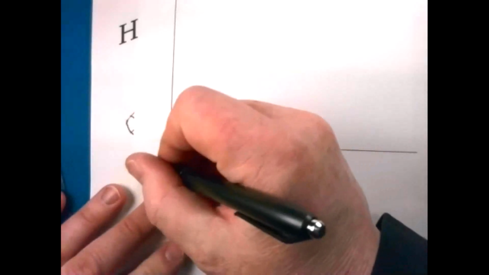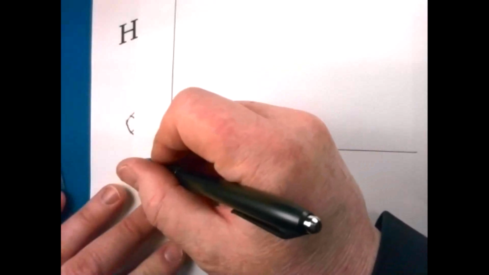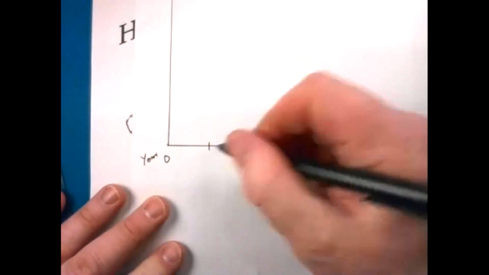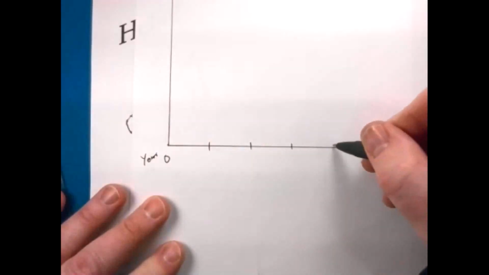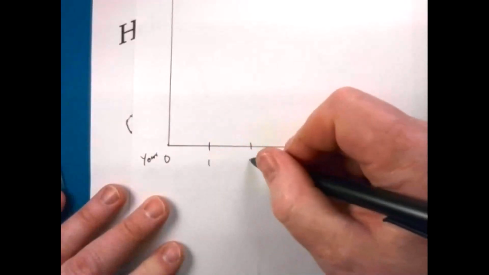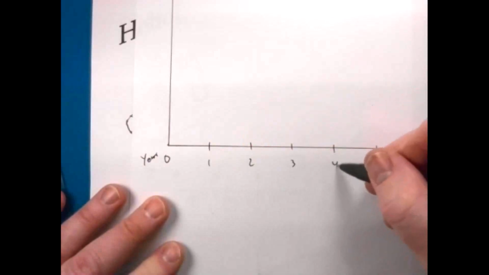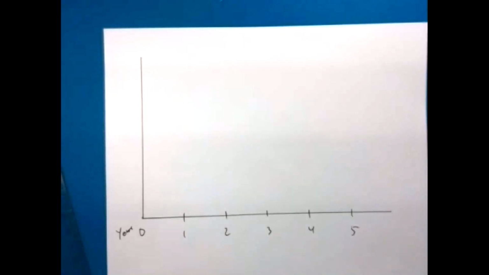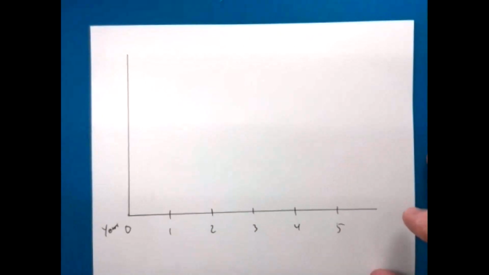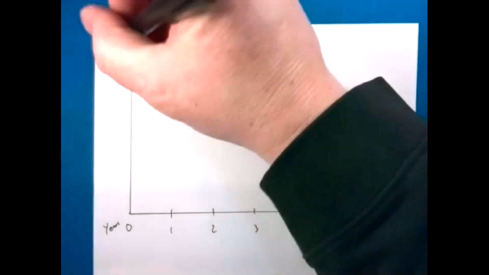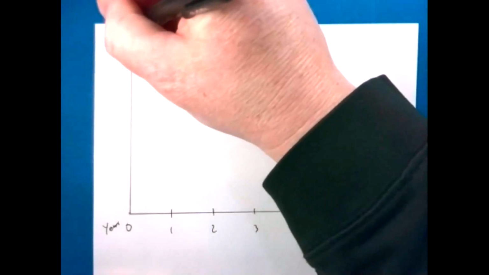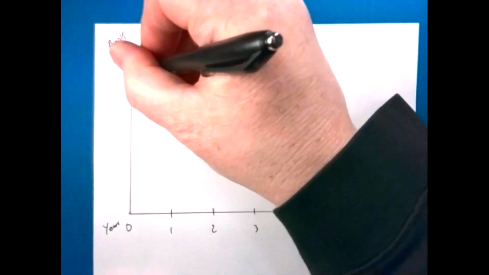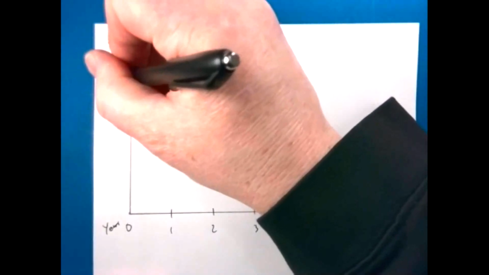If you were to chart this out, this would be the book value. When you first bought it, it was 32,000.